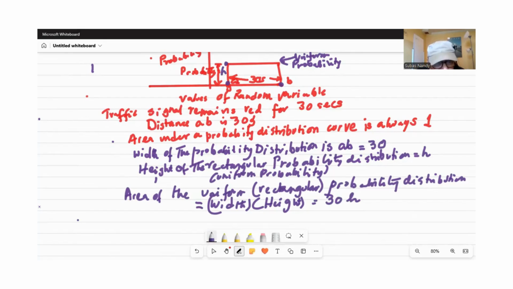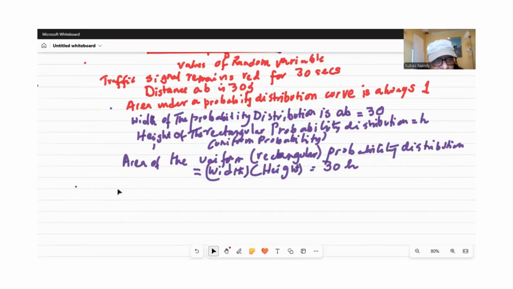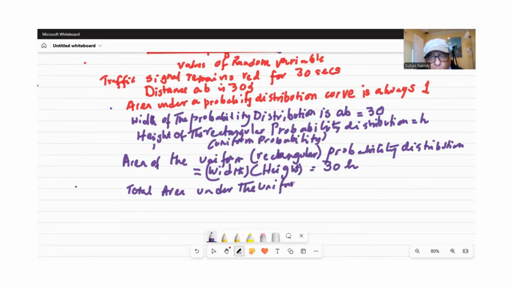But we know the total area under the uniform probability distribution is 1.